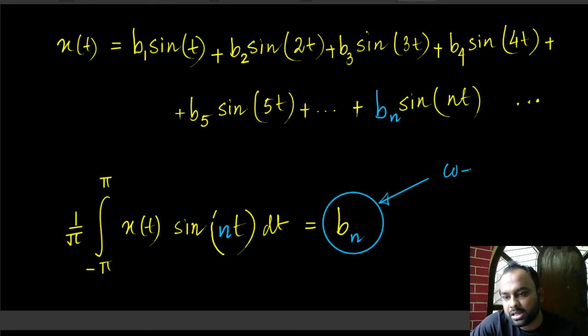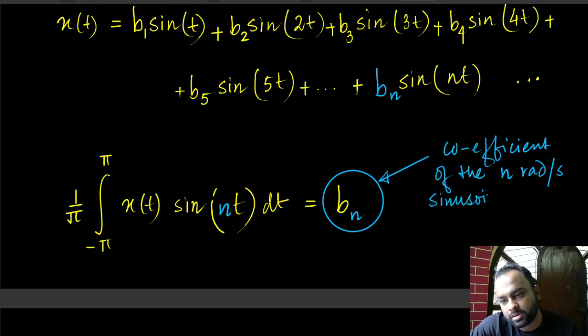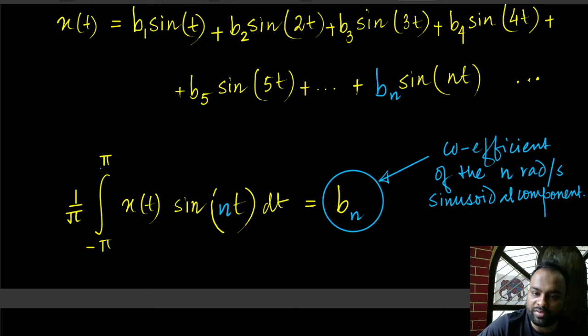This is the coefficient of the n radian per second sinusoidal component. So the result I get is nothing but the coefficient of the n radian per second sinusoidal component present in the signal.